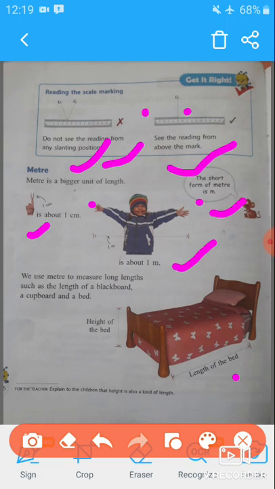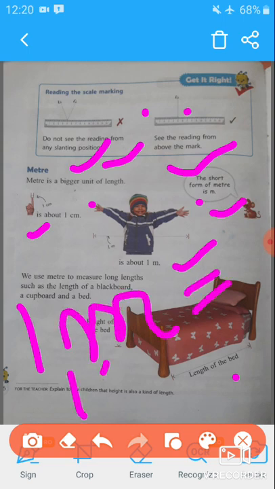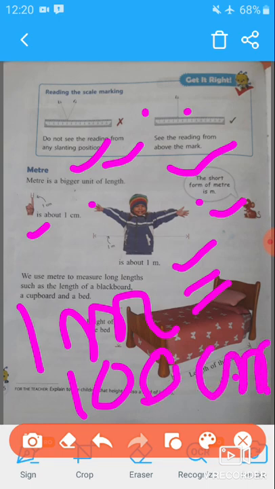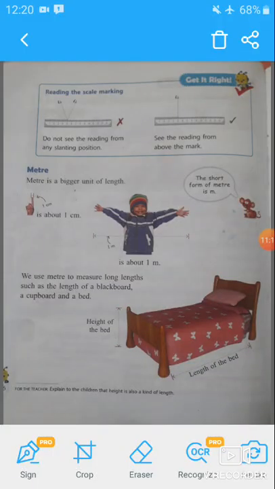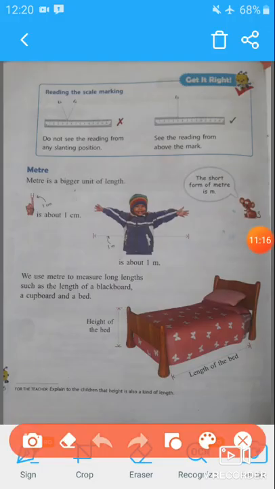No, you will use meter to measure the length of blackboard, bed or cupboard. Okay, so meter is a bigger unit of length. So students, 1 meter equals 100 centimeter. So I hope you understood it.